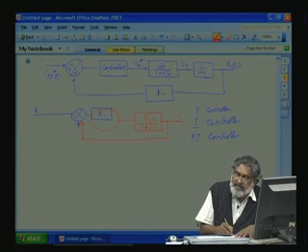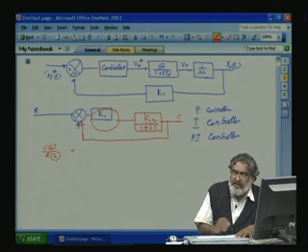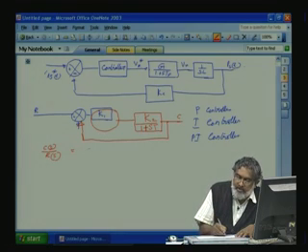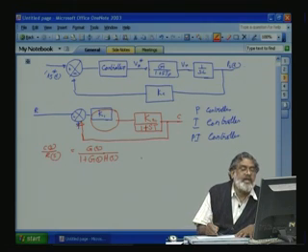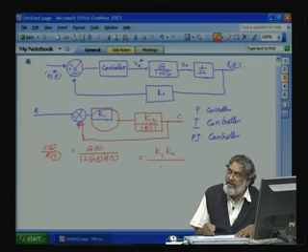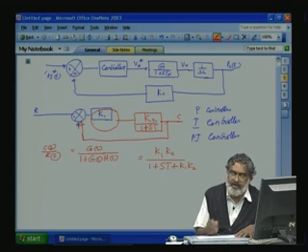Taking the output C(s) by R(s), all in the Laplace domain, we know that for a closed loop system the transfer function is open loop gain divided by 1 plus open loop gain times feedback, that is G(s) by 1 plus G(s)H(s). Here H(s) is unity and G(s) is K1 K2 by 1 plus ST, so the whole thing comes to K1 K2 divided by 1 plus ST plus K1 K2. That is the transfer function output by input.